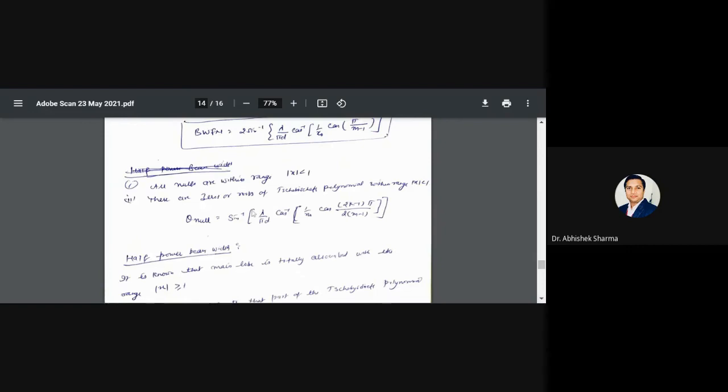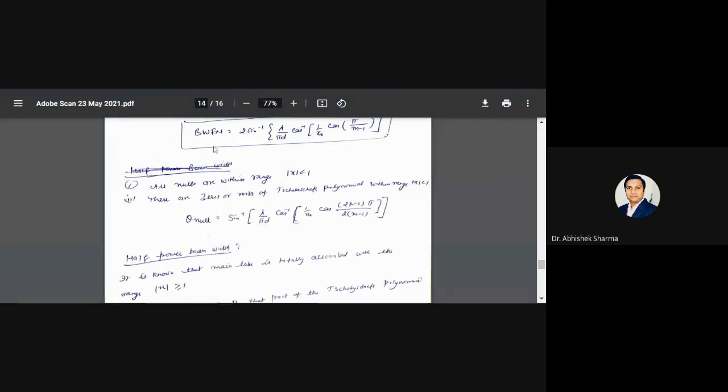Now all nulls are within range x is less than 1, which we have seen in properties also, and these are zeros or roots. These nulls are basically zeros or roots of the Chebyshev polynomial within this range. Now theta null will be equal to this, because theta null is equal to beam width between first null divided by 2.